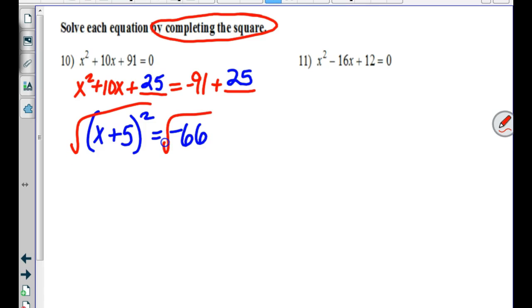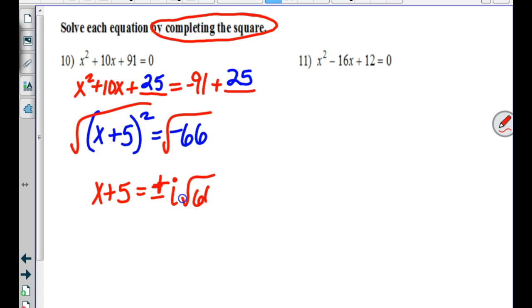Now we square root both sides and we get x plus 5 equals plus or minus. What happens over here? Okay, but it's not nice. We have to leave it as square root of 66. 6 times 11 isn't going to fix it. What else happens though? Yeah, the square root of negative 1 is i.